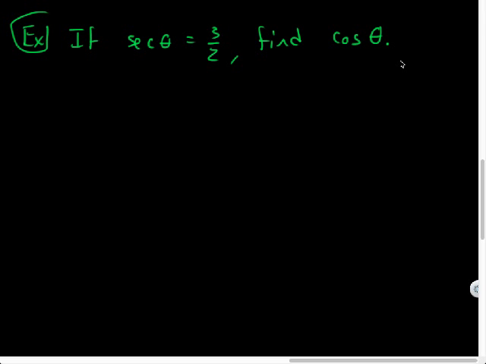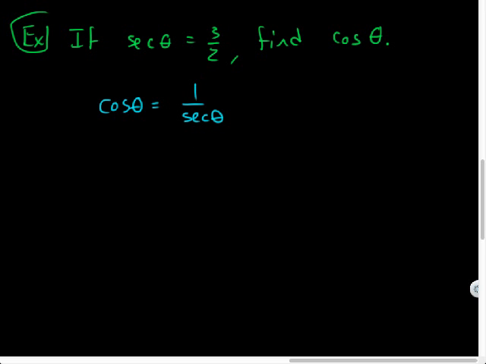But let's strictly use some of the identities I have. What identity do I have that relates secant to cosine? That's one of the reciprocal identities. Which reciprocal identity would be helpful? Well, I'm looking for cosine, so let's do the one that's in terms of cosine. I know that cosine theta is equal to 1 over secant theta.